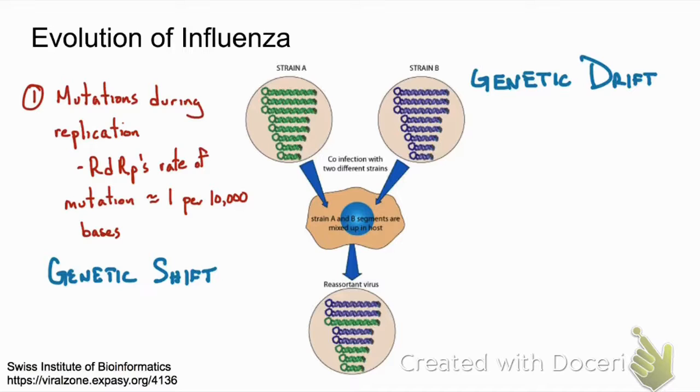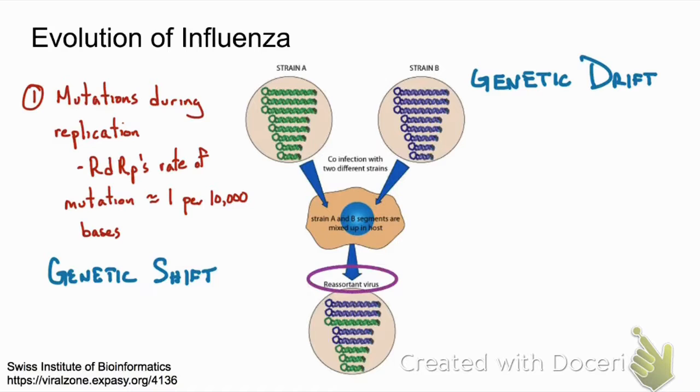Let's imagine that both strain A and strain B infect a pig at the same time. If these two strains were to infect the same cell, what we might find is a reassortment of viral genomes from strain A and strain B during the infection.